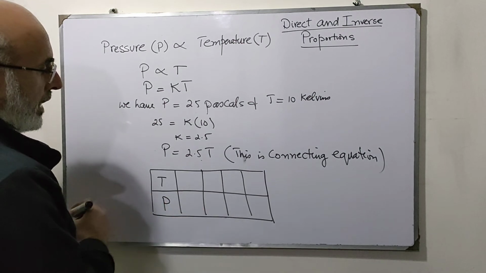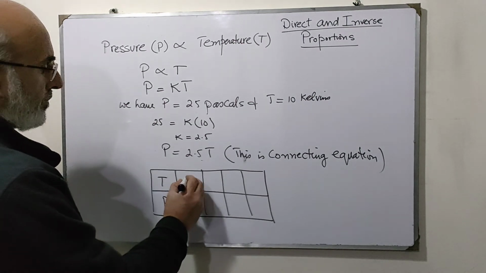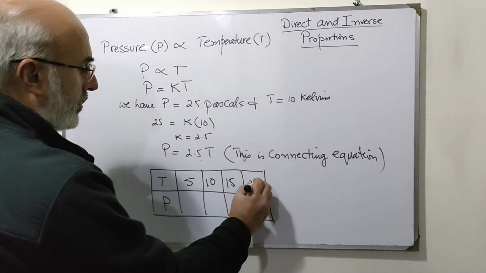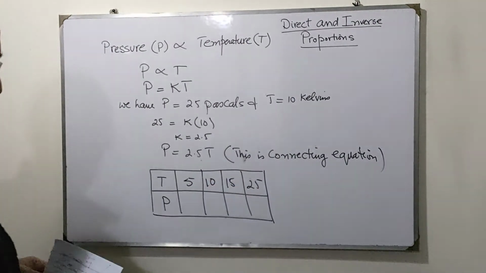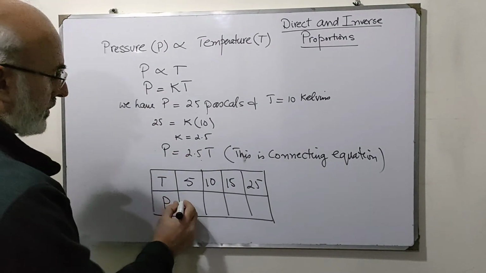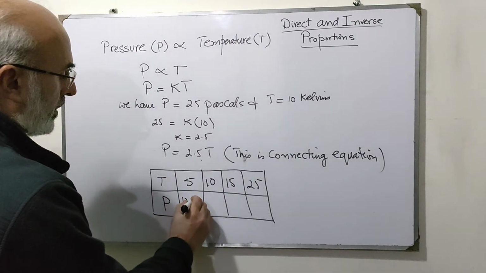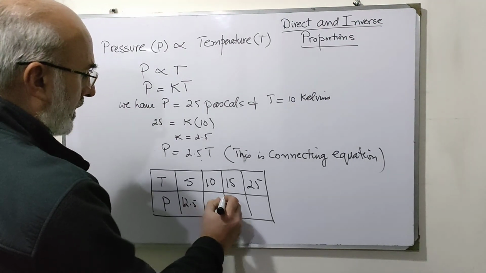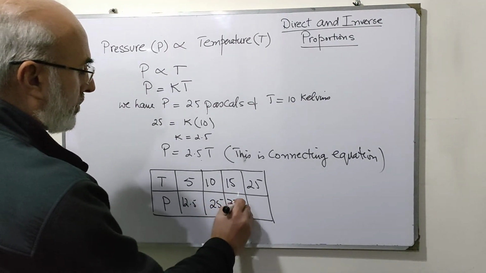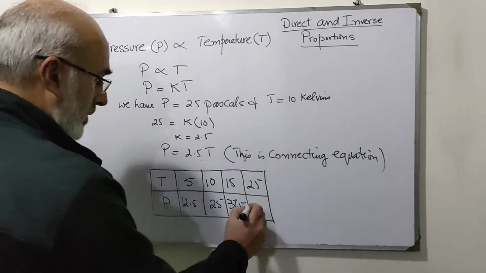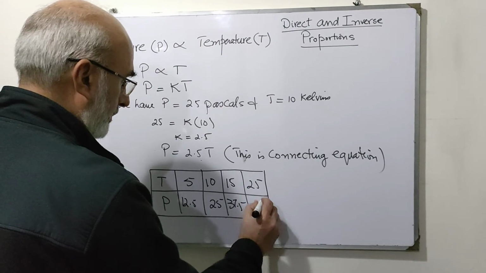For the temperature, if we take 5, 10, 15, 20, we apply these in the equation and we have 12.5 pascals, 25 pascals, 37.5 pascals, and 50 pascals.